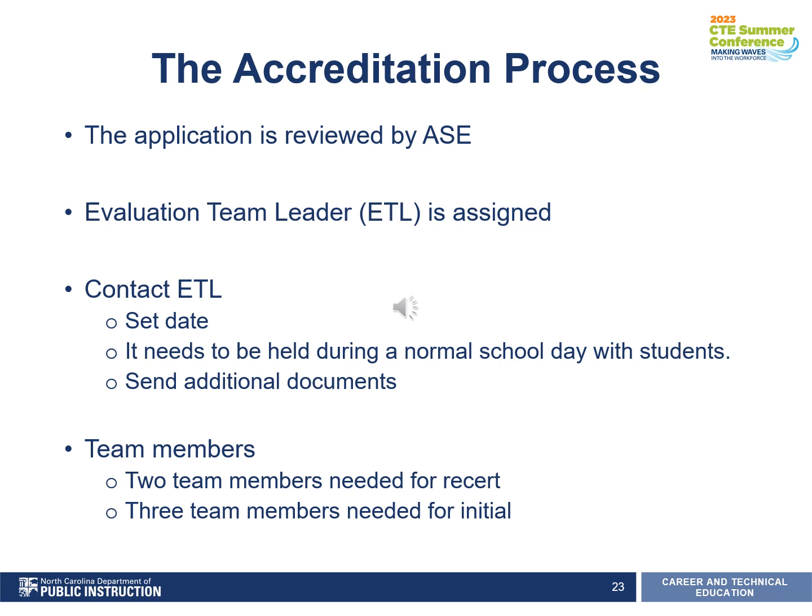So the next thing that happens is that the application is reviewed by ASE. A little bit of information here. What they're a lot of times looking for is that as everything's filled in, that we've got our advisory meeting minutes, all the ratings are filled in. And as a general rule, you want to have a rating of 4 or above for each of the standards.